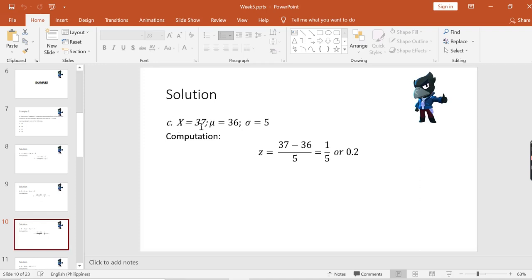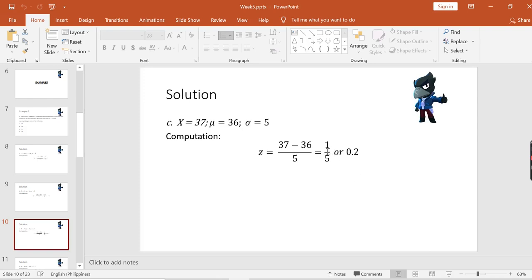Next is 37. Not all the time do we get a whole number as an answer. Most often, it's a decimal. I advise you to always convert it to decimal since our table is represented in decimal, not in fraction. So z is equal to 37 minus 36 over 5, which is 1 over 5, or in decimal, 0.2.